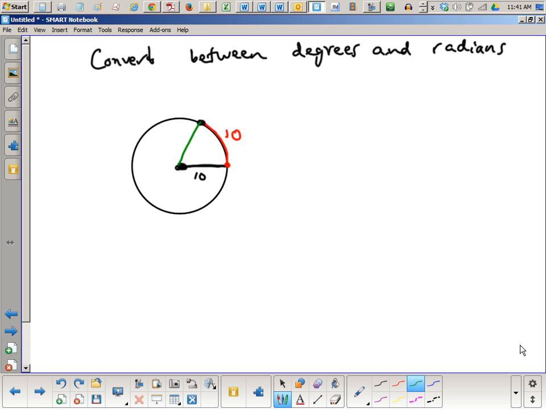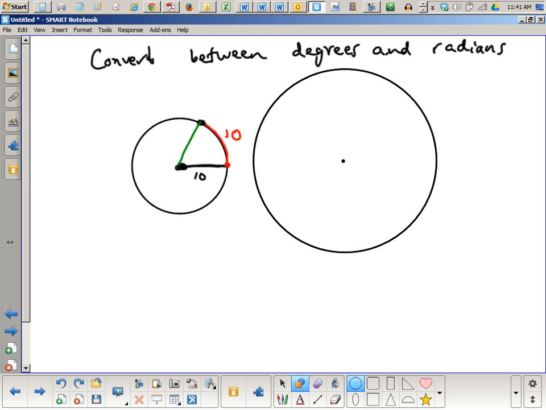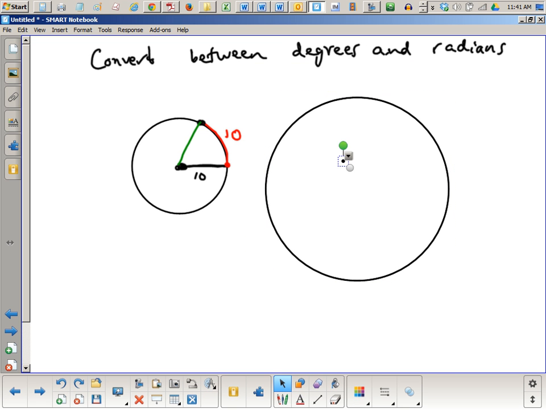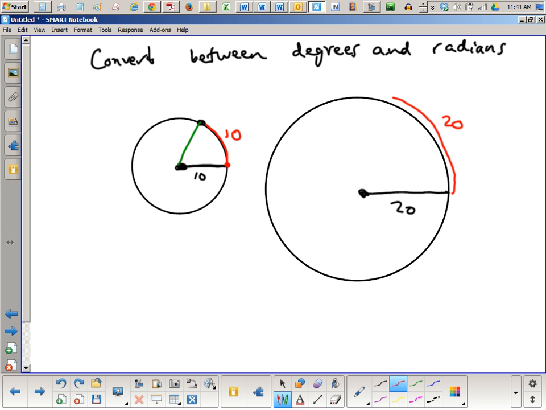Someone else is maybe dealing with a larger circle, maybe radius 20, and they have the same question. They have exactly the same situation. This radius is, let's say, 20, and they draw a 20-inch arc on their circle.